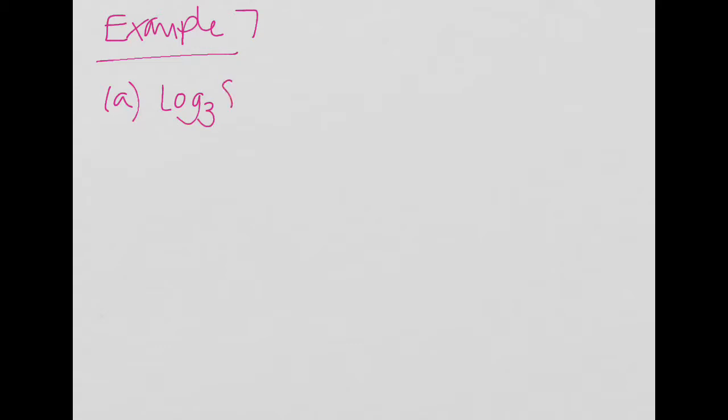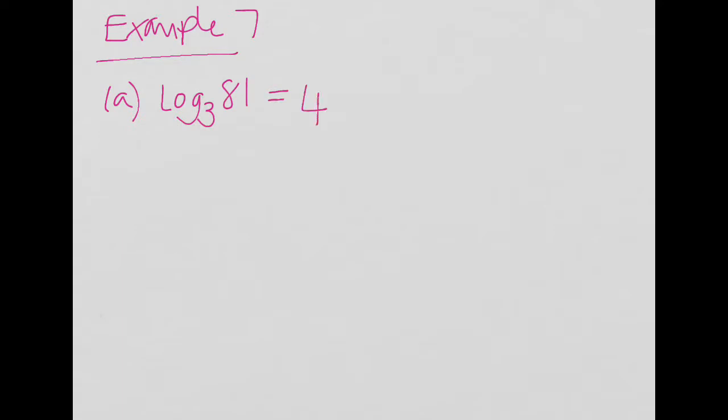Moving on, example 7. Here you're given something in a logarithmic format, and you're asked now to write it using a power or an exponent. So log 81 to the base 3 equals 4.